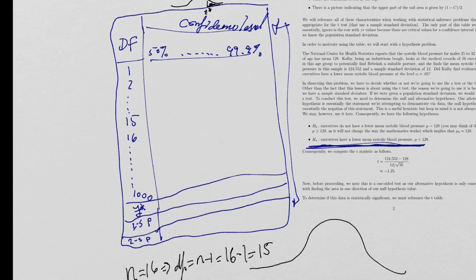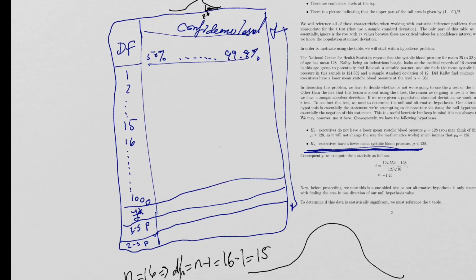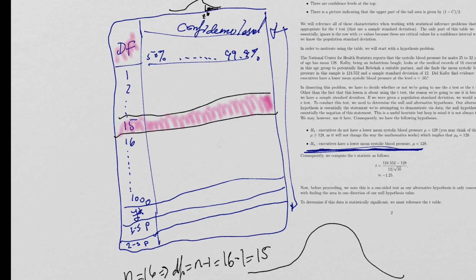So, on our t-table, we're immediately only going to look at the row that corresponds to 15 degrees of freedom, okay? It's degrees of freedom. Perfect, okay?